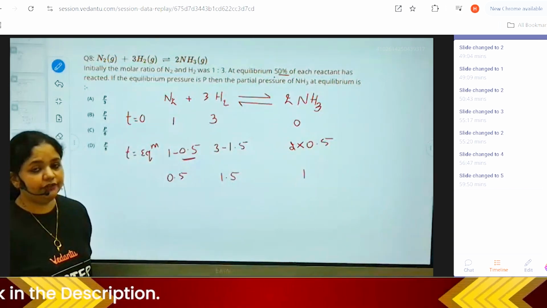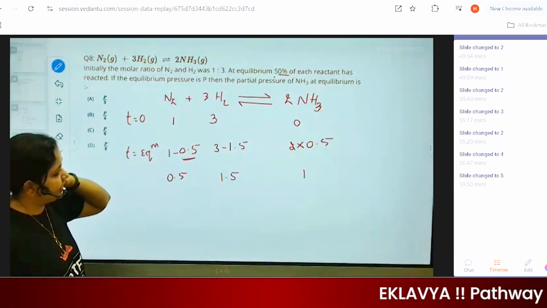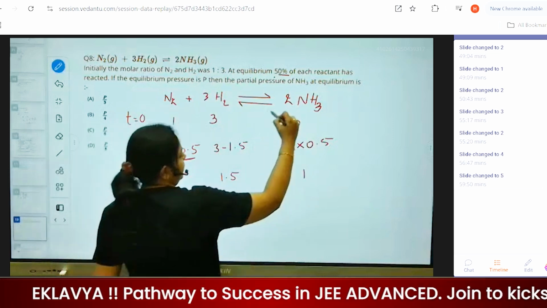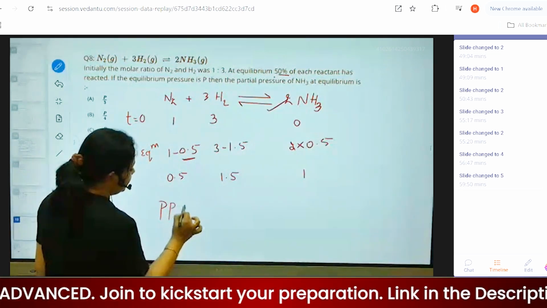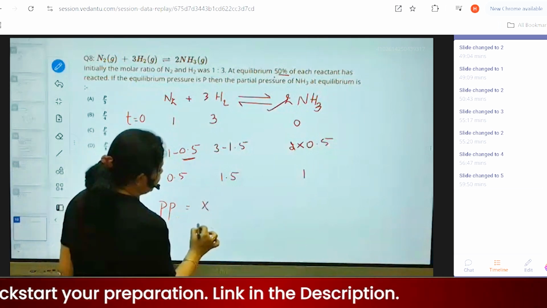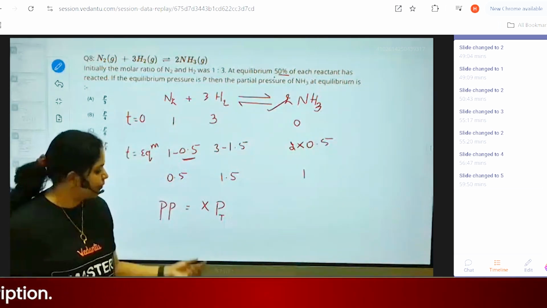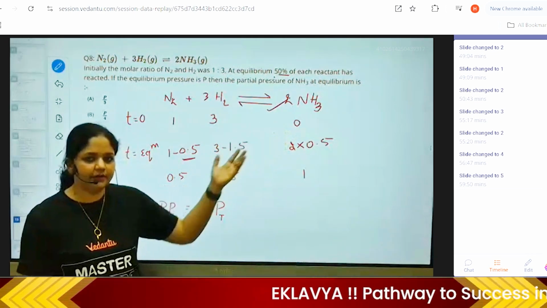Now what do I need to find out? If the equilibrium pressure is P, then the partial pressure of ammonia. We know that partial pressure is equal to mole fraction into total pressure. Mole fraction is moles of ammonia divided by total moles.